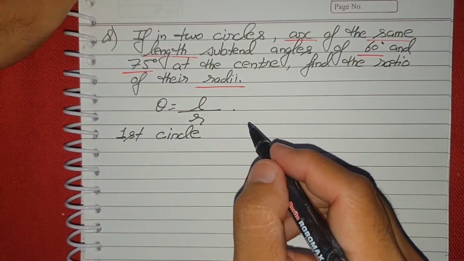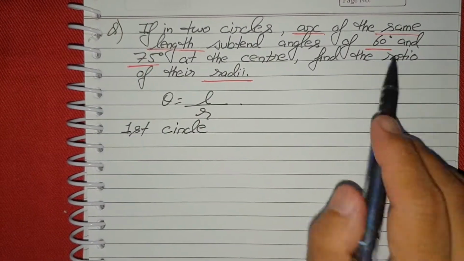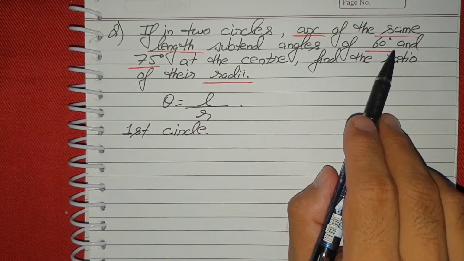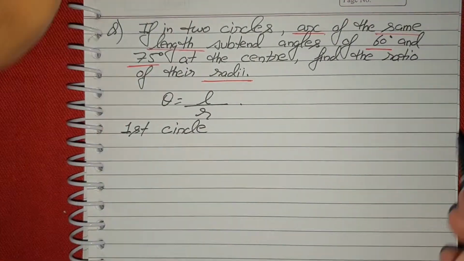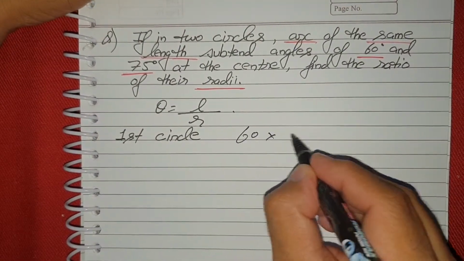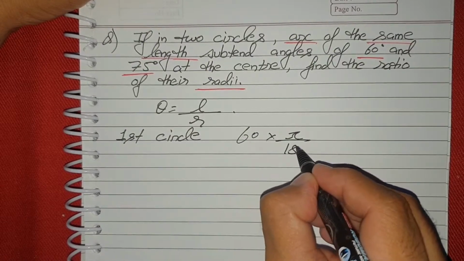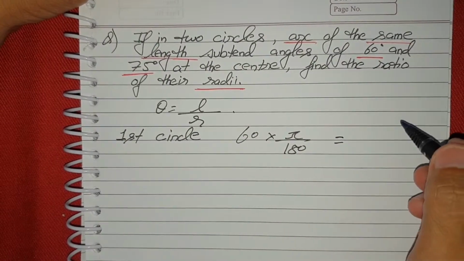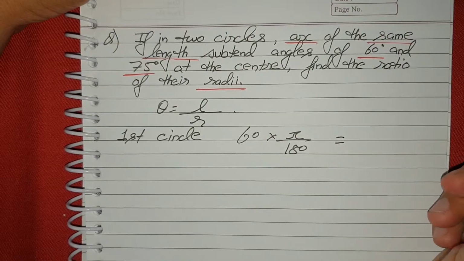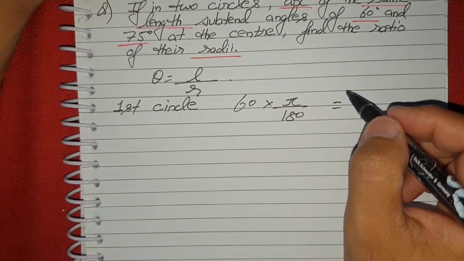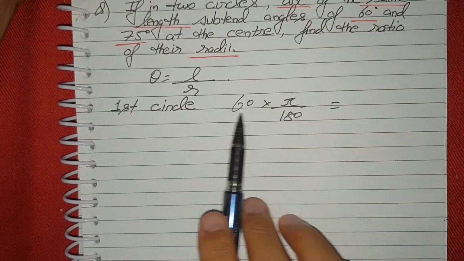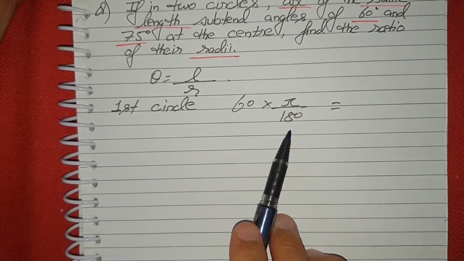Now for the first circle, see, this is 60 degree angle. So you have to convert this first of all to radian, which is 60 into pi by 180. Leave it right now. So this is for the first circle. The angle is 60 into pi by 180.